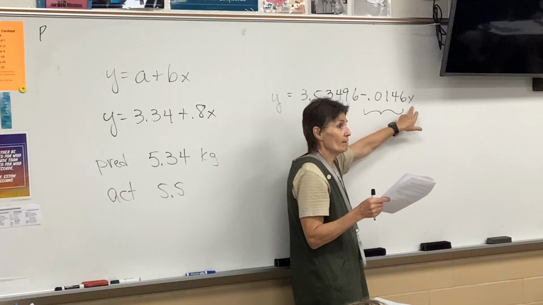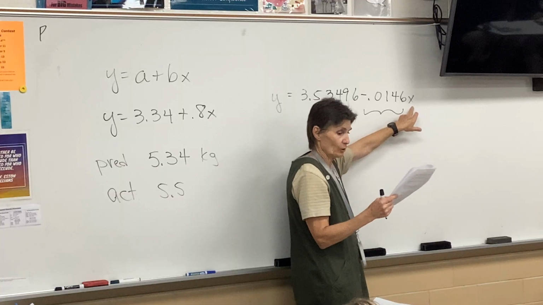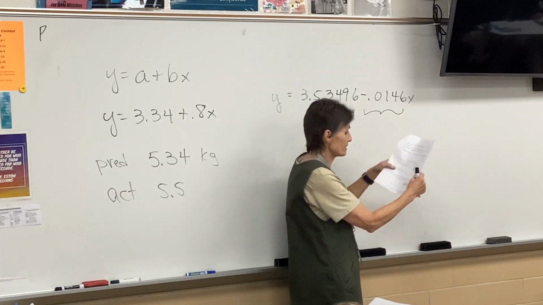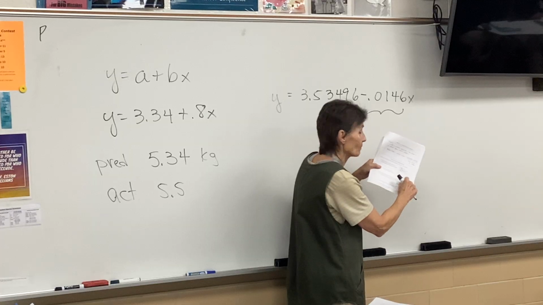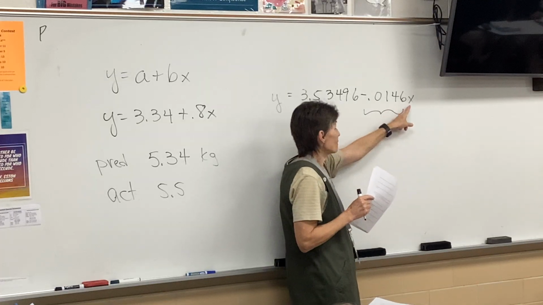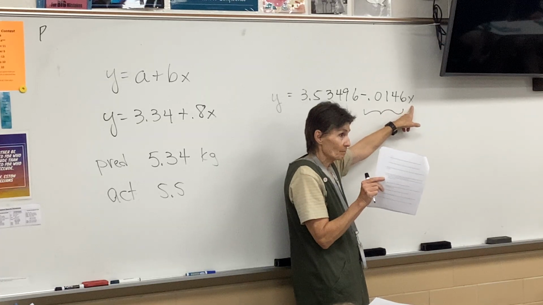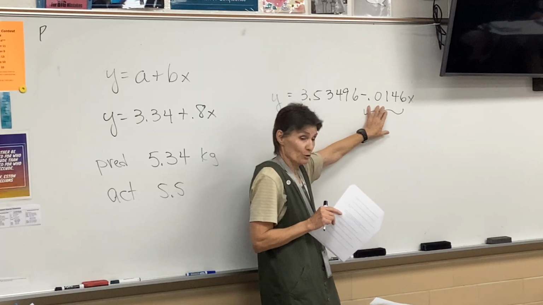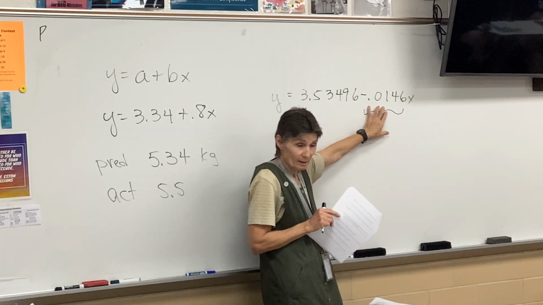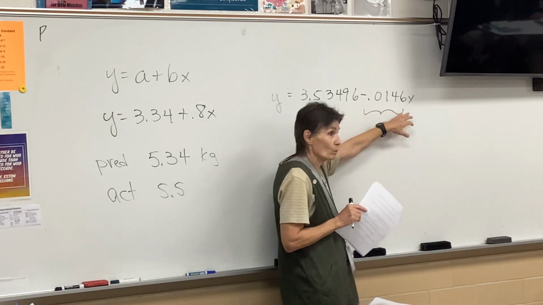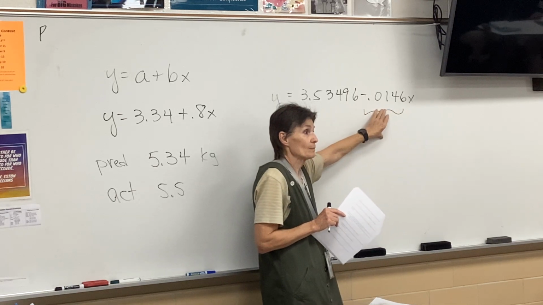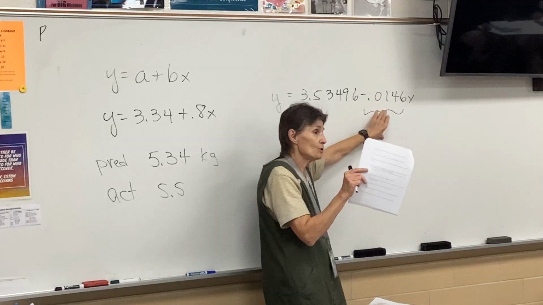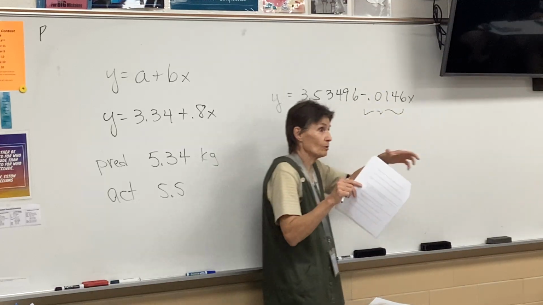The number of absences. Look at your graph. The x-axis says number of absences, right? So every absence is going to result in your GPA dropping by 0.0146. So you were right, Charlie, big picture.